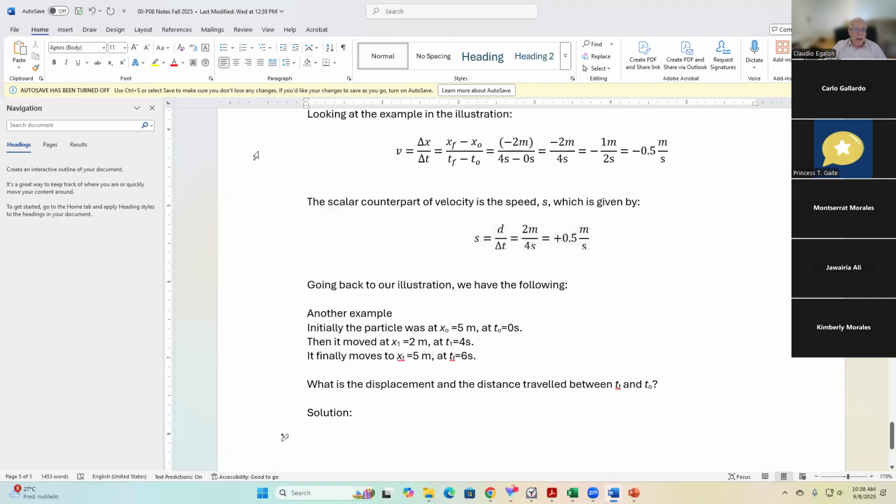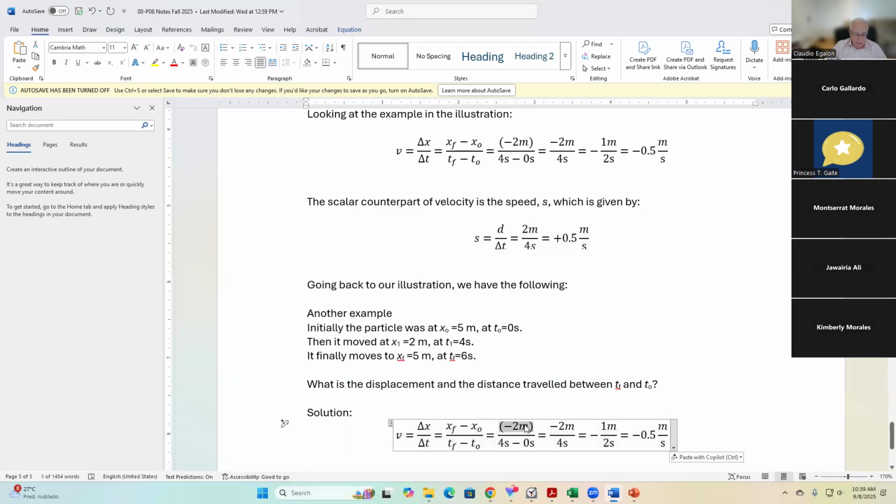Distance traveled now is going to be different because we added a second displacement, right? XF minus X naught. In this case, XF coincides with X naught, right? And now TF minus T naught is going to be 6 seconds minus 0.